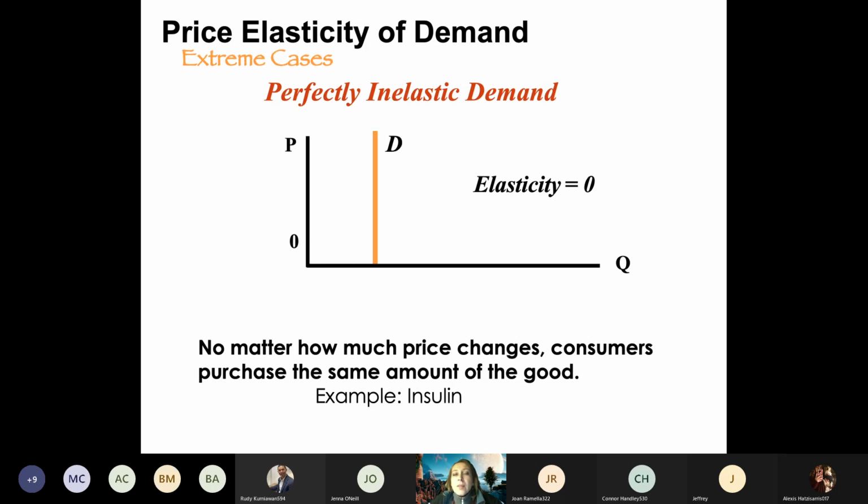People might not be sensitive to the price of things that they really, really need, like if you're diabetic, you need insulin, or if you're really addicted to something, you need it so badly that you can pay double or triple the price. So that's perfectly inelastic demand, or zero elasticity.